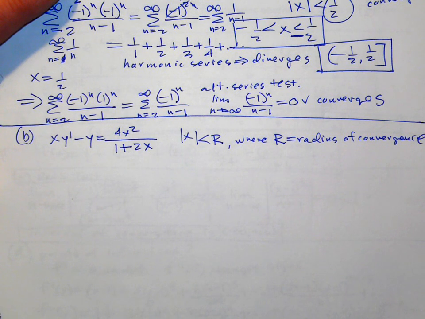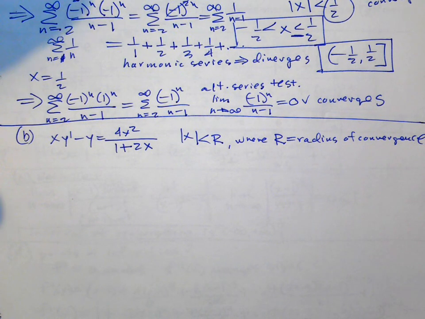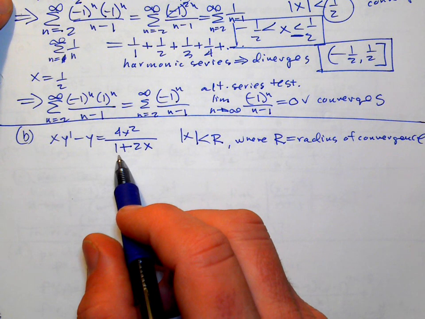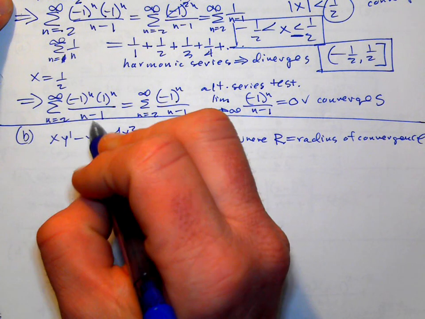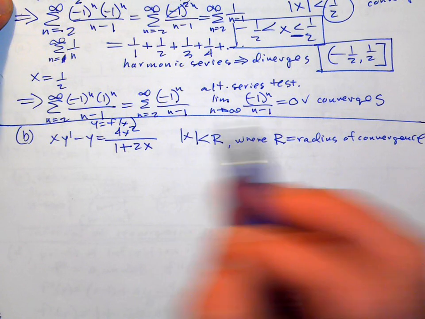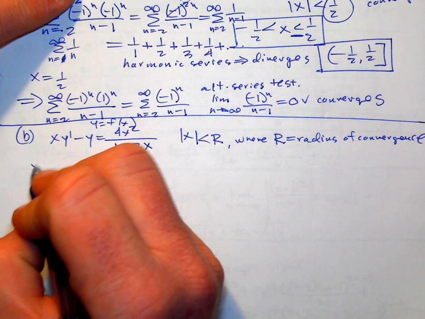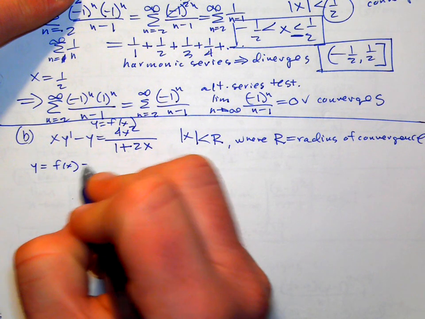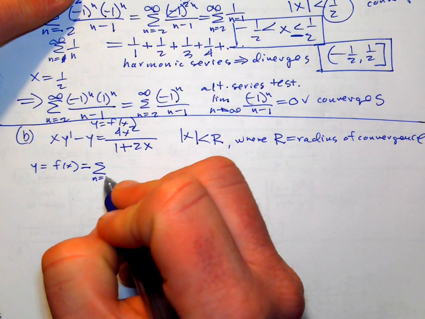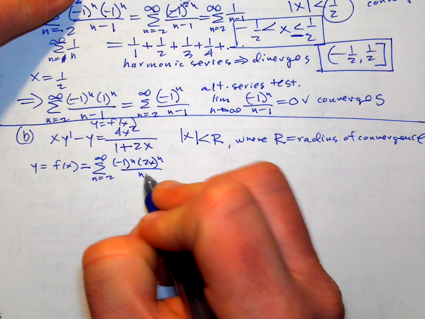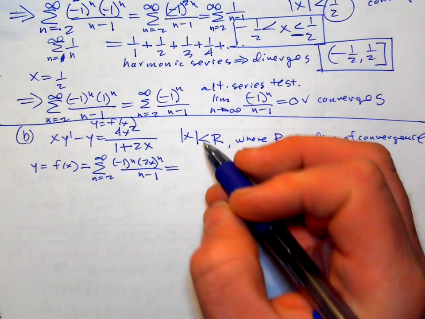Now, verifying that something is a solution can be different or maybe easier than trying to find the solution in the first place. So let's see. We have y equals f(x) already, and f(x) is the function that was given to us at the beginning. So y equals f(x) equals the sum from n equals 2 to infinity of negative 1 to the n, 2x to the n over n minus 1. Let's write it out to see what it's like.